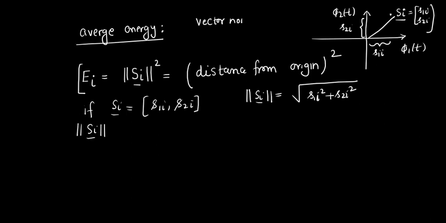Vector norm is its distance from origin. And how do you represent it? Like this. If SI is a vector with components, vector means array in your terms or in layman terms, though a vector has in abstract maths a different definition, but for now you can think of it as an array.